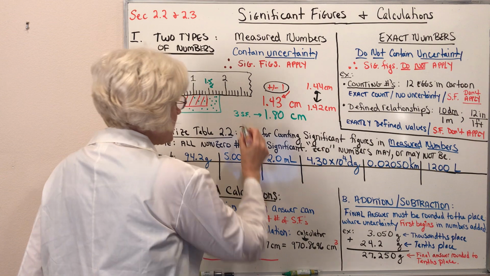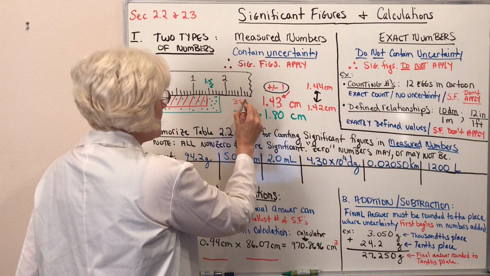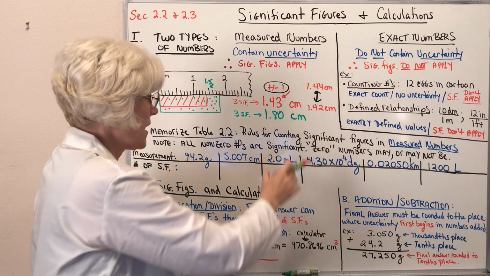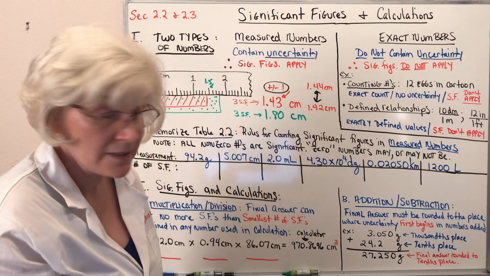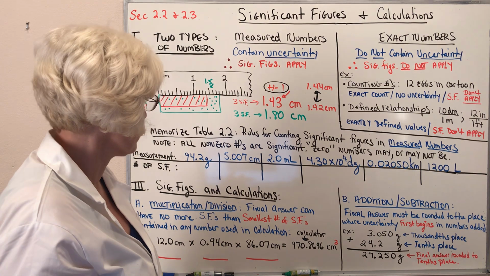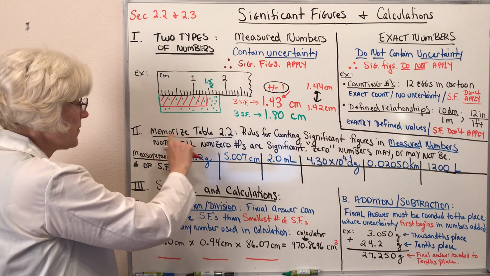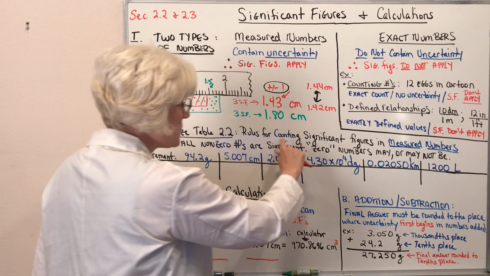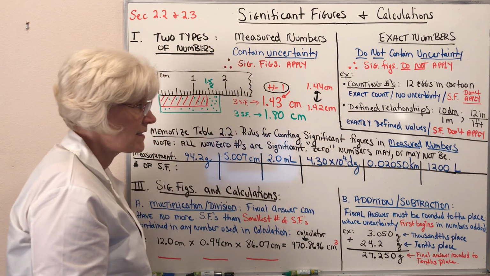Each of the values has 3 sig figs, which leads us to a question of how do you count sig figs in a measurement? So you need to memorize table 2.2 in your text, which gives rules for counting significant figures in measured numbers.